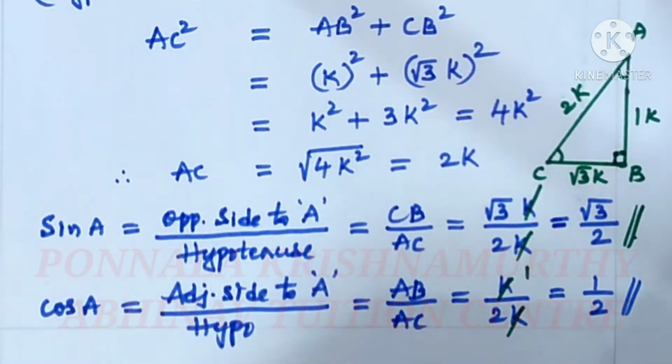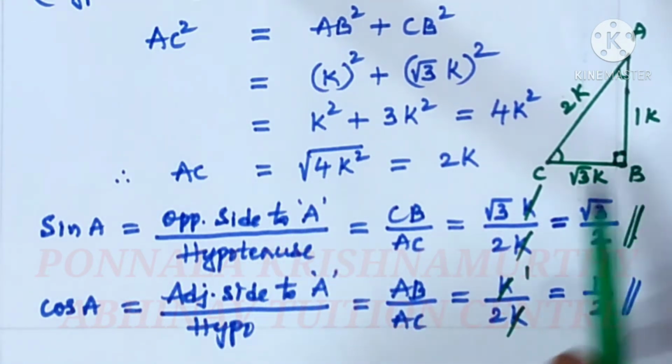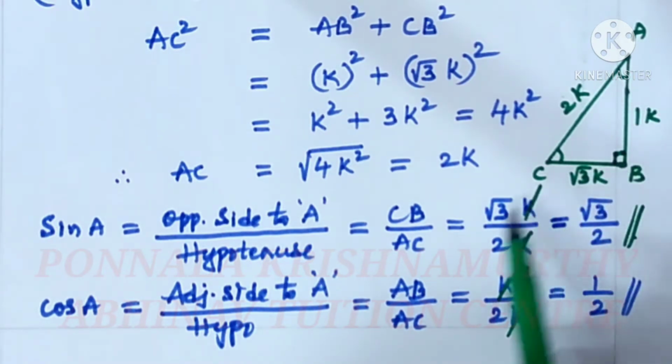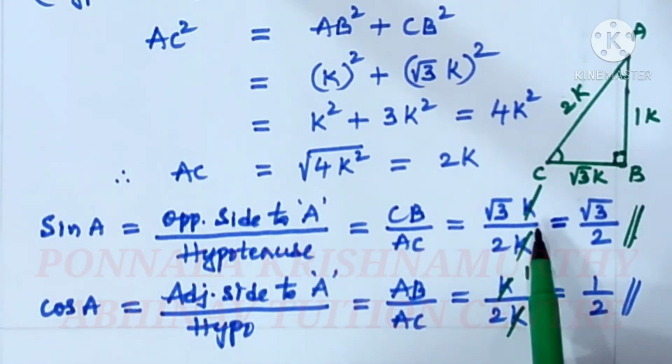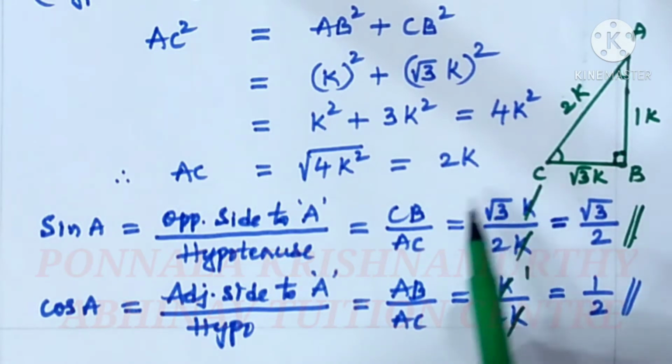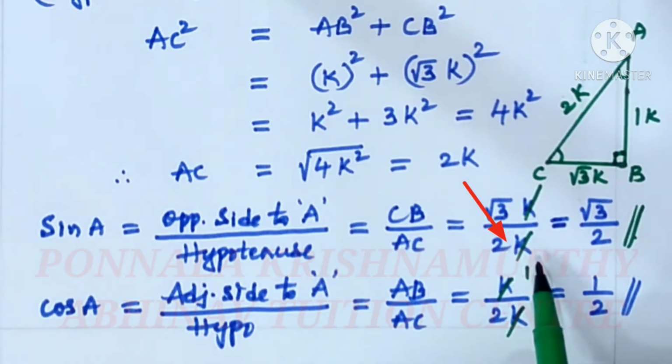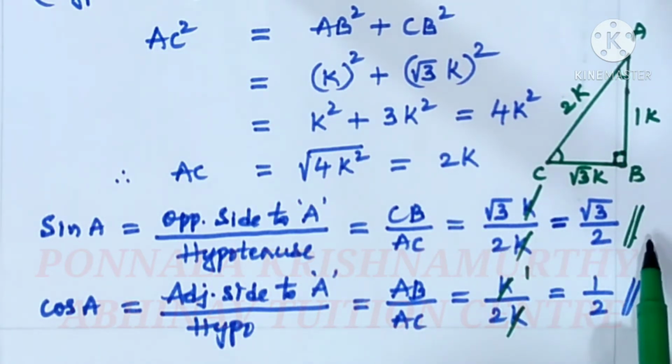Now sin A is equal to opposite side to A by hypotenuse, that is equal to CB by AC. CB is root 3K by AC is 2K. K cancel, root 3 by 2 answer.